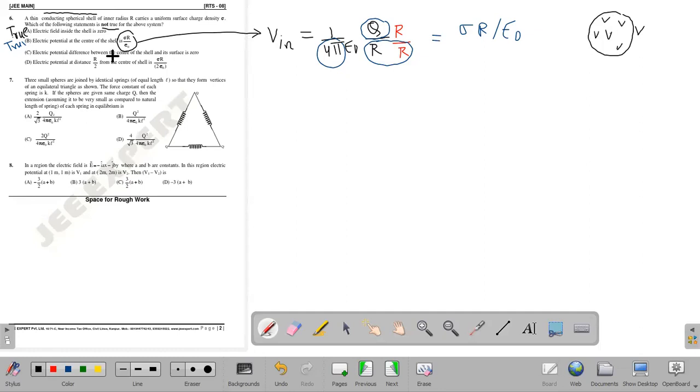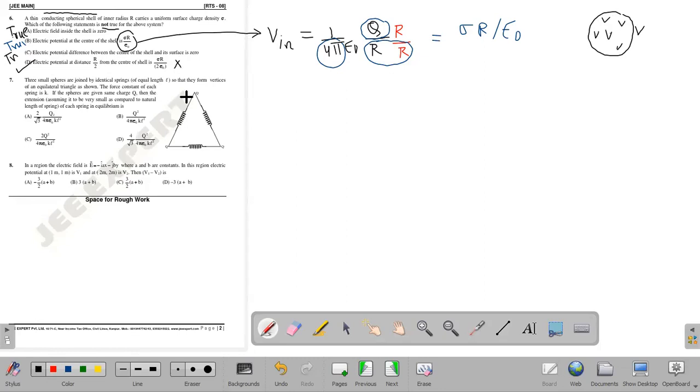So there is no potential difference. Again, a true statement. Electric potential at distance r by 2 from the center, obviously, is the wrong statement. So this is our option, because we have to choose the statement which is incorrect.